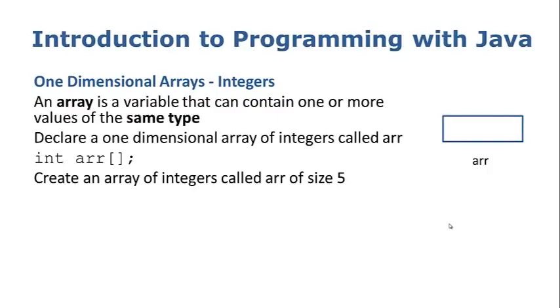To create this array of integers, because it's not completely done until we create it, again, it's still called R, but we have to give it a size. And in this instance, we're going to say it can hold 5 values. So we say R equals new int, and this time in the square brackets, we put the size. So in this instance, the size is 5. So we declare a one-dimensional array by adding in the empty square brackets, and then to create it, R is a new int of size 5, and the 5 goes in the square brackets.